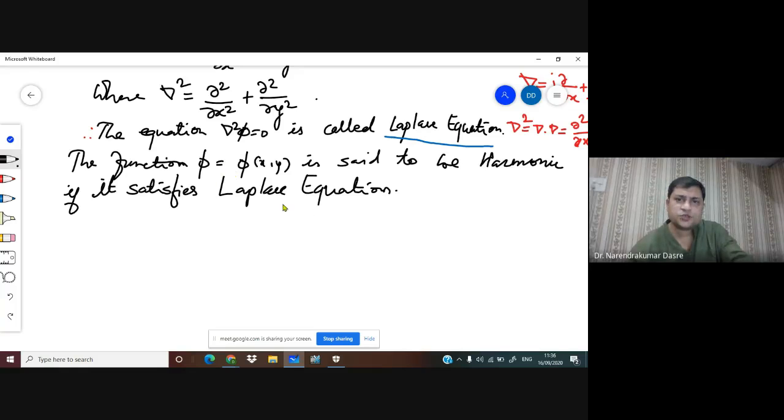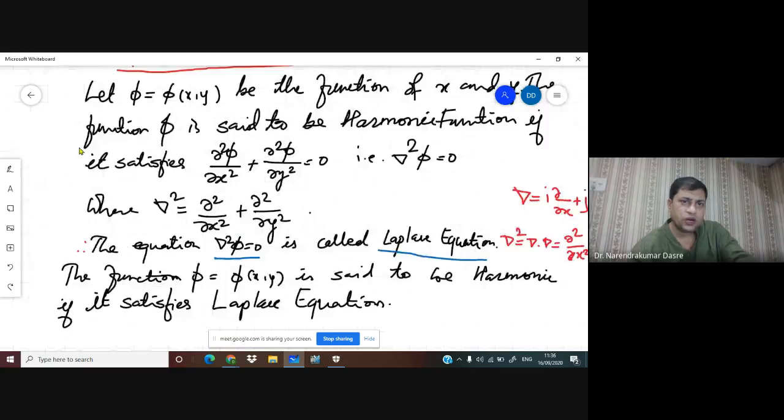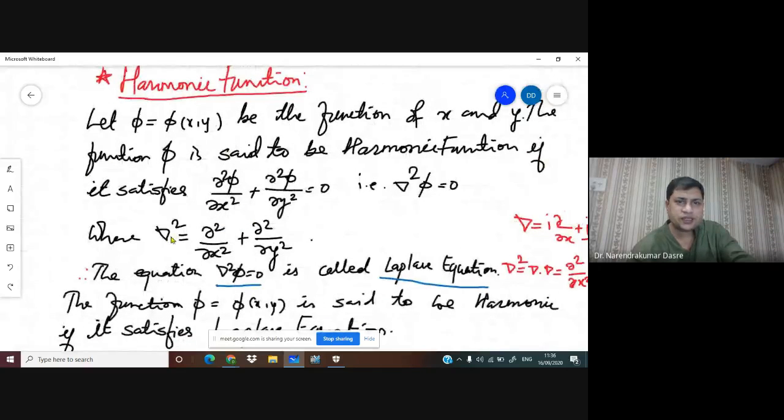So if this function satisfies the Laplace equation, that is del square phi is equal to 0, then we say it is the harmonic function. Or an easy way to say it: del square is double square by double x square plus double square by double y square. So if the sum of these two second order derivatives is 0, then we say this function is a harmonic function.